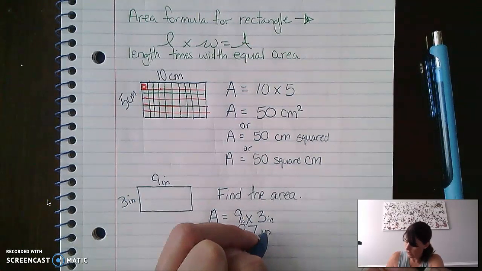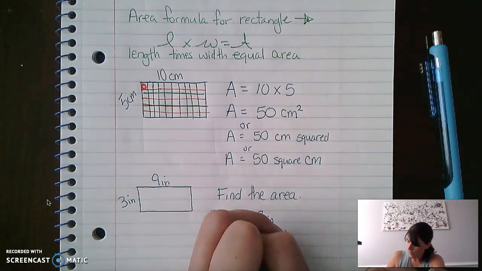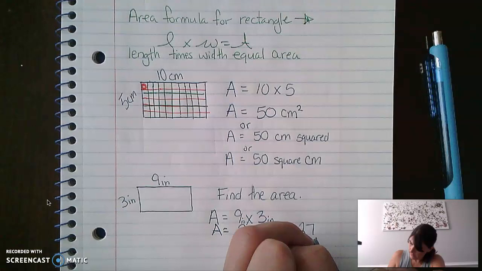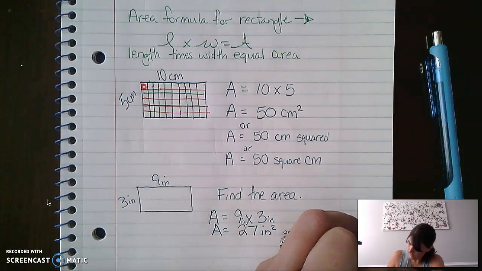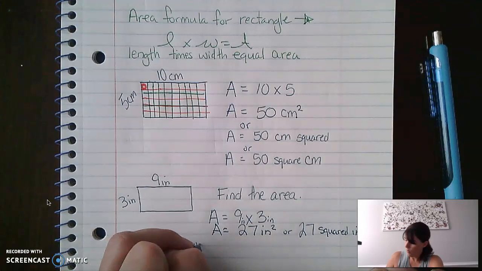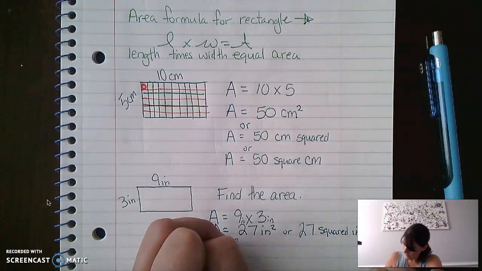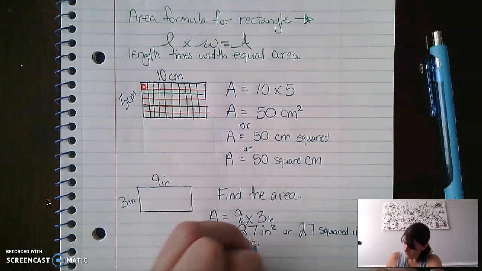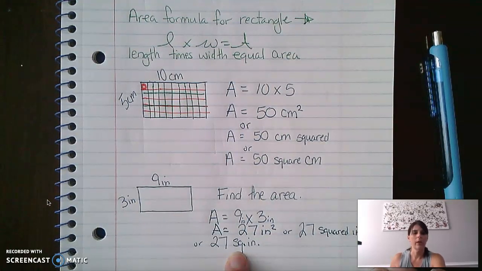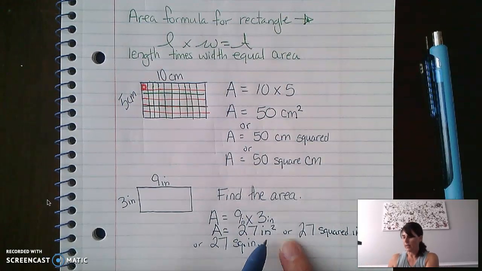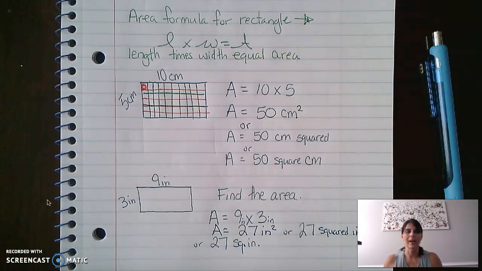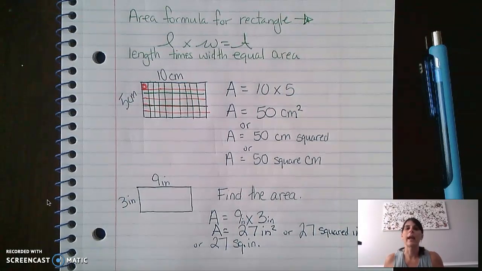These are inches squared, or 27 squared inches. Right? I could write it all the way out. Or 27, to abbreviate it, square inches. I can abbreviate it with the SQ. Okay, so lots of different ways that we can write it, but we absolutely every time have to acknowledge and write down that I have inches squared or squared inches, because that tells everybody that you found area and not something else.